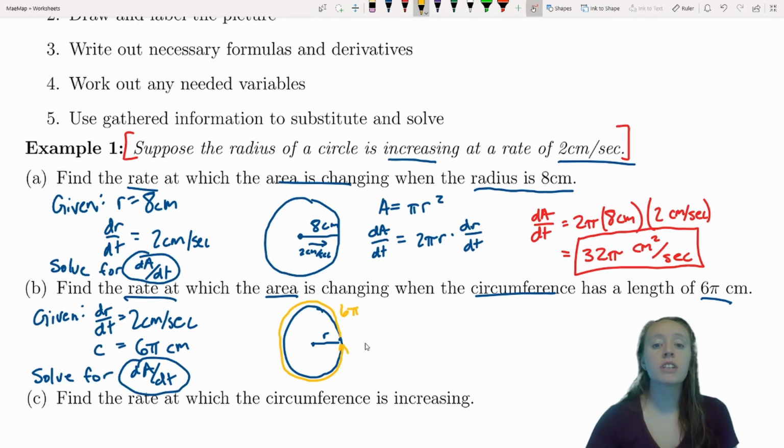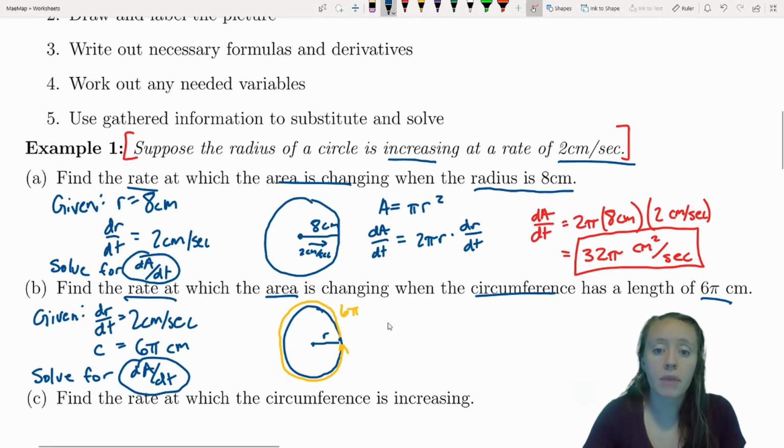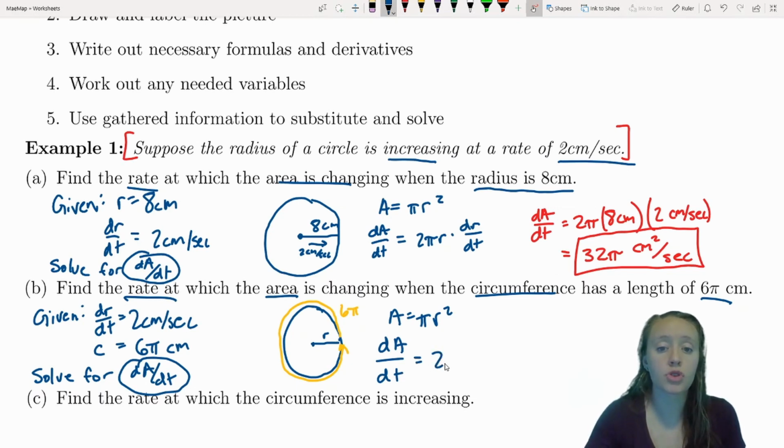So if my circumference has a length of 6 pi, and I'm trying to find dA dt, well, dA dt relates to the area, so I need my area formula involved. My area, we know, for a circle is pi r squared, and we've already done this derivative 2 times now, so I'll go ahead and write it out. My rate of change for my area with respect to time is going to be 2 pi r times dr dt.